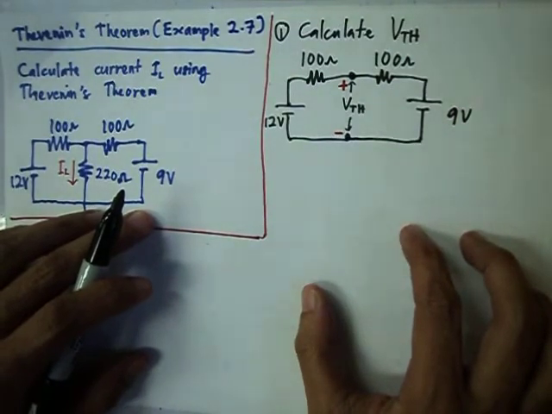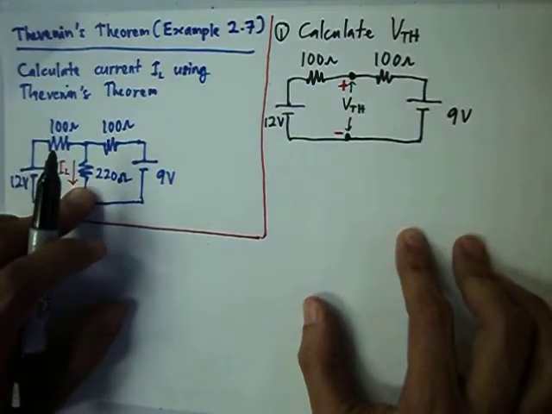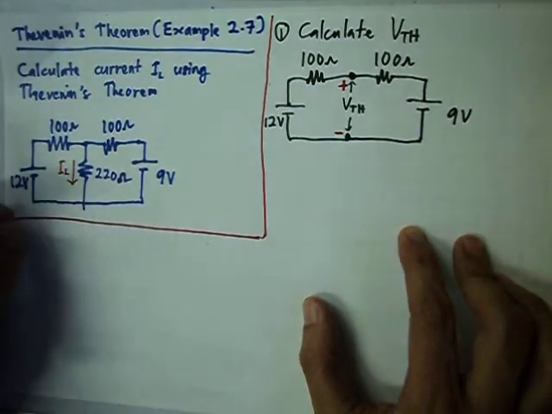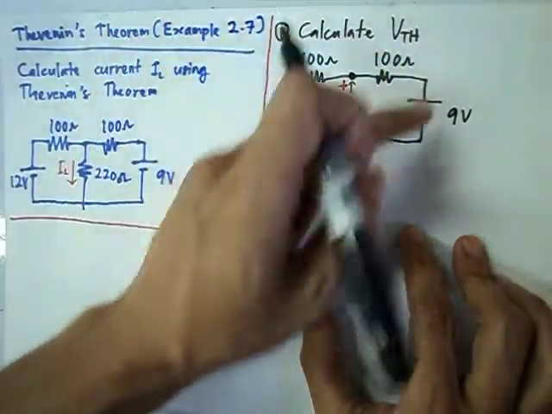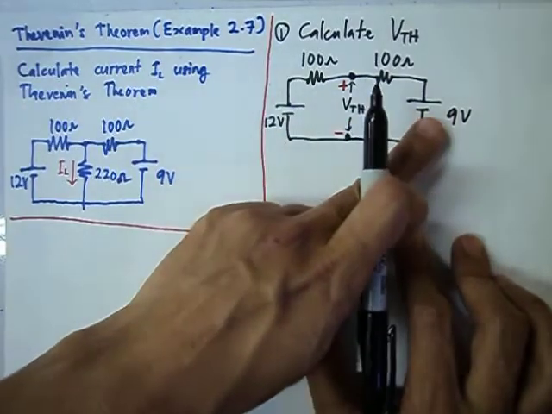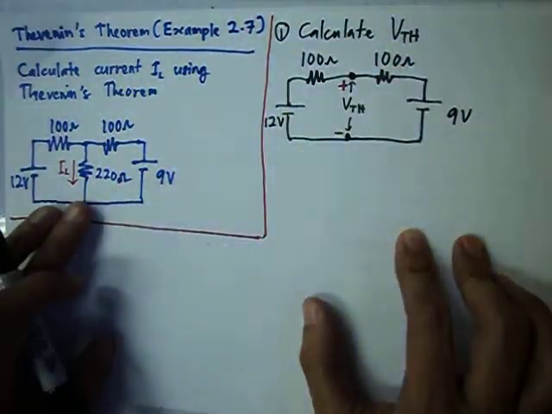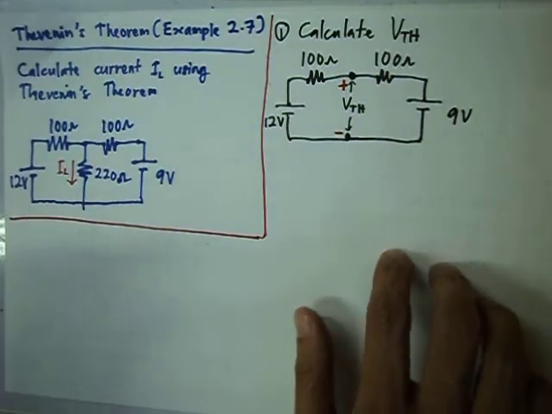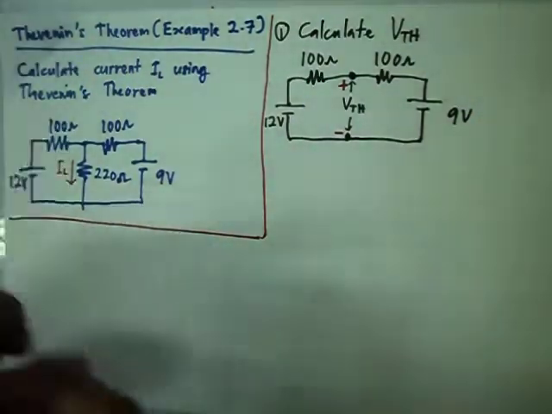The idea is, after we remove the 220 ohm resistor, the circuit changes from series-parallel to a series circuit. So we have two supplies, 12 volt and 9 volt, and two resistors, 100 ohm and 100 ohm. First, you have to determine the new current that flows through this circuit from the supply.